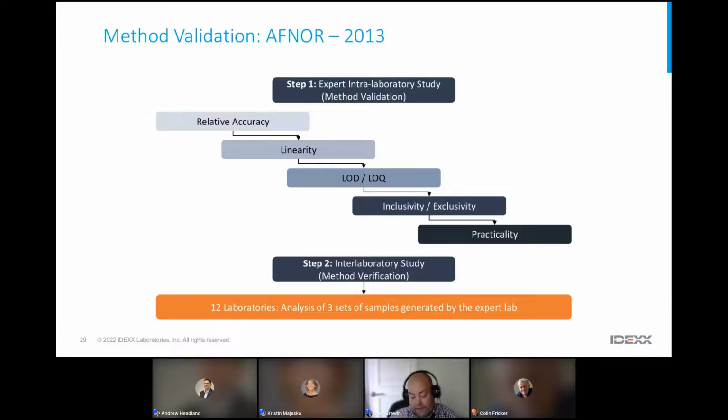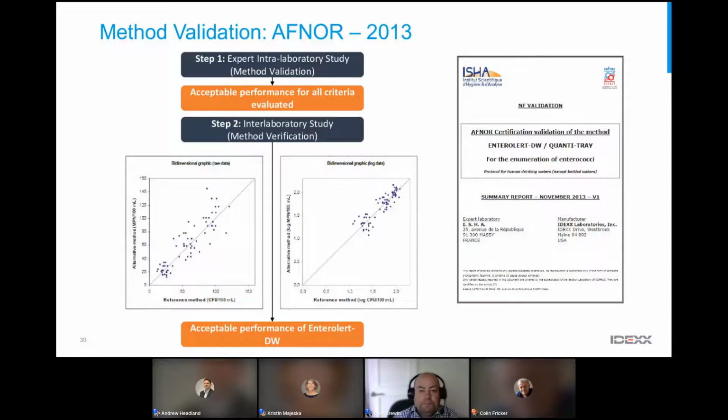Subsequent to that, there is an inter-laboratory study where typically a minimum of 12 labs will participate. The expert laboratory generates the samples and sends those to all participants who process the samples and report their results. So during the inter-laboratory study, all the criteria that we've detailed were assessed and they were determined to meet acceptable levels.